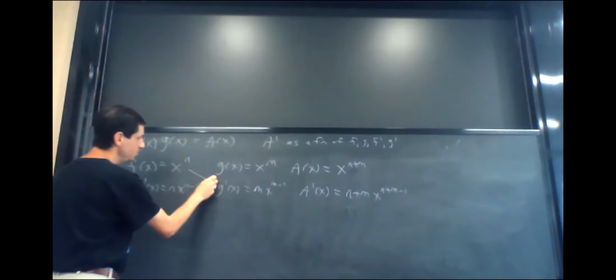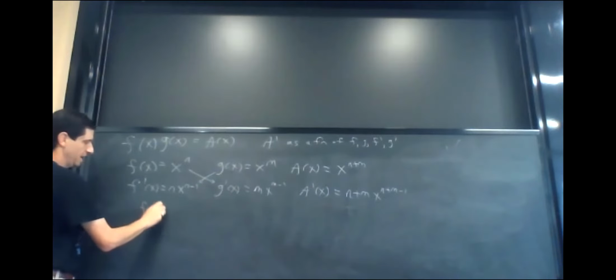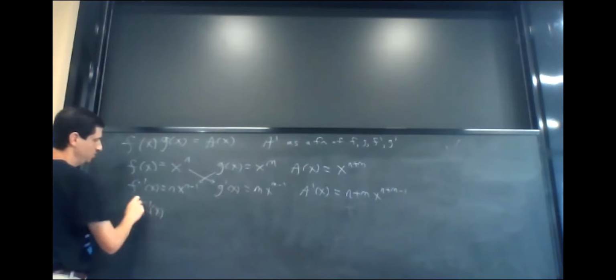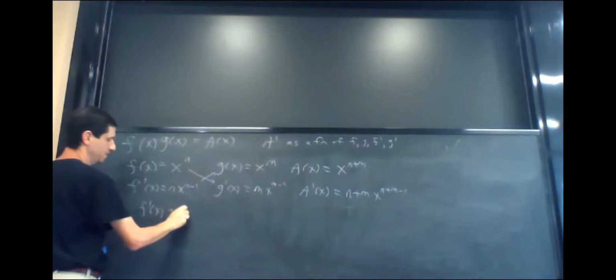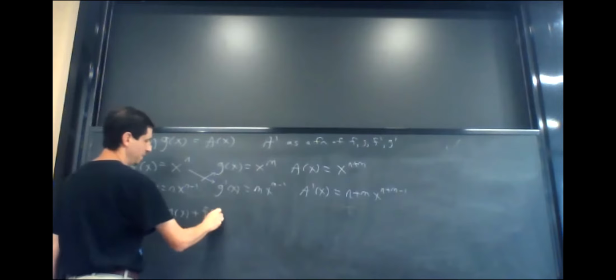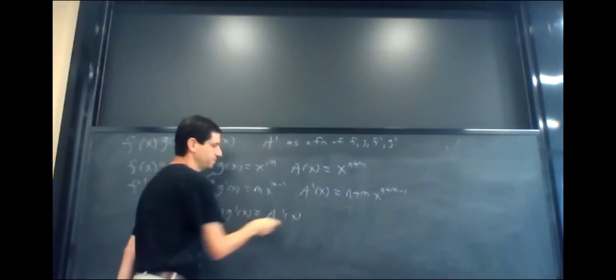Yeah, I can multiply these two together or these two together. And so if I look at f prime of x g of x plus f of x g prime of x, it's a prime of x.